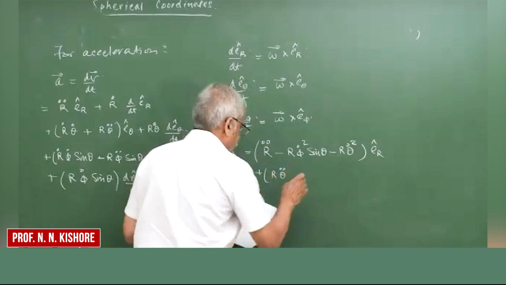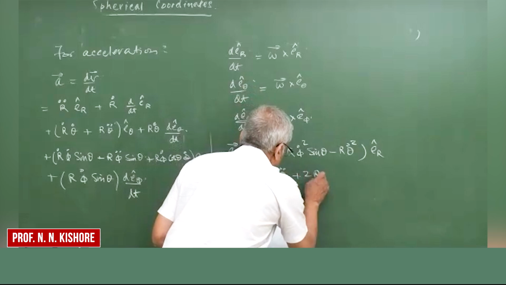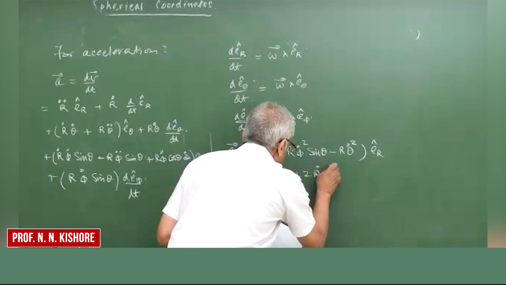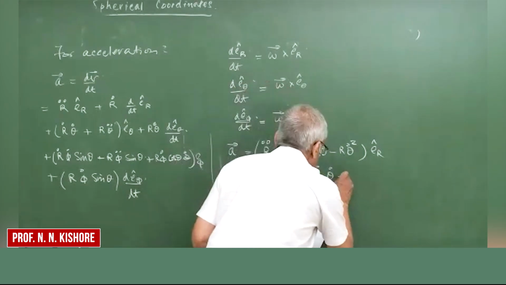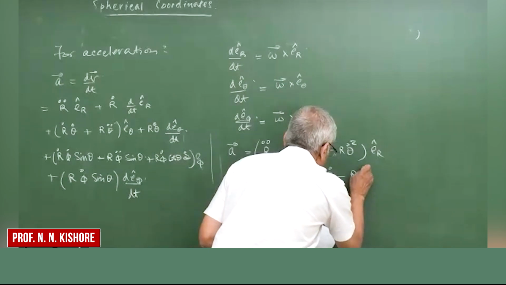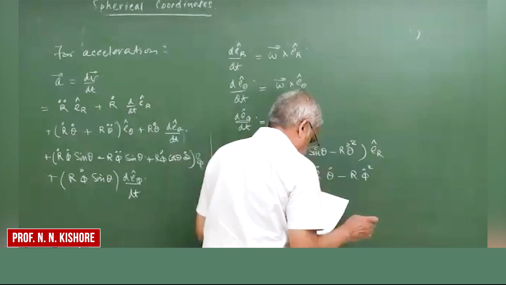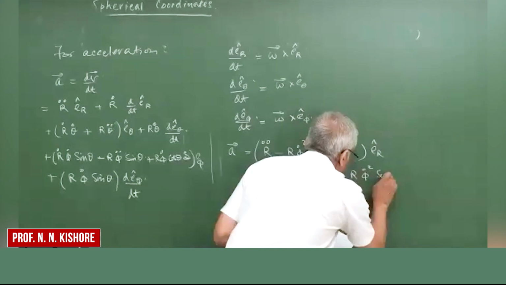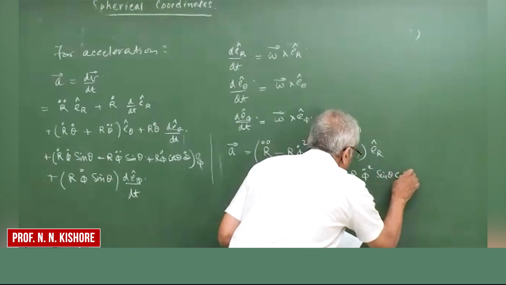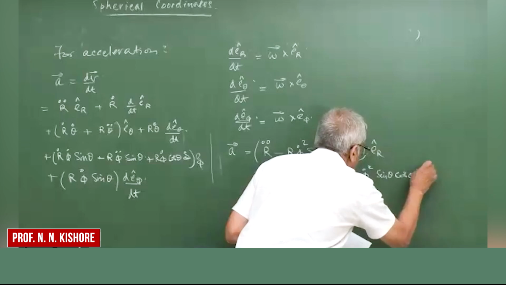And we have r theta double dot plus 2 r dot theta dot minus r phi dot square sin theta cos theta.